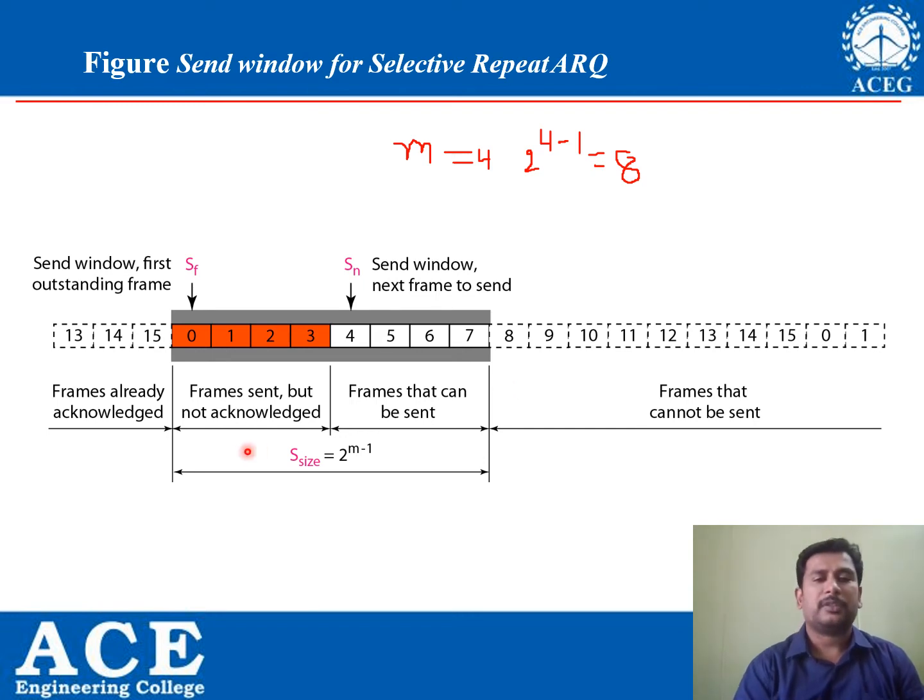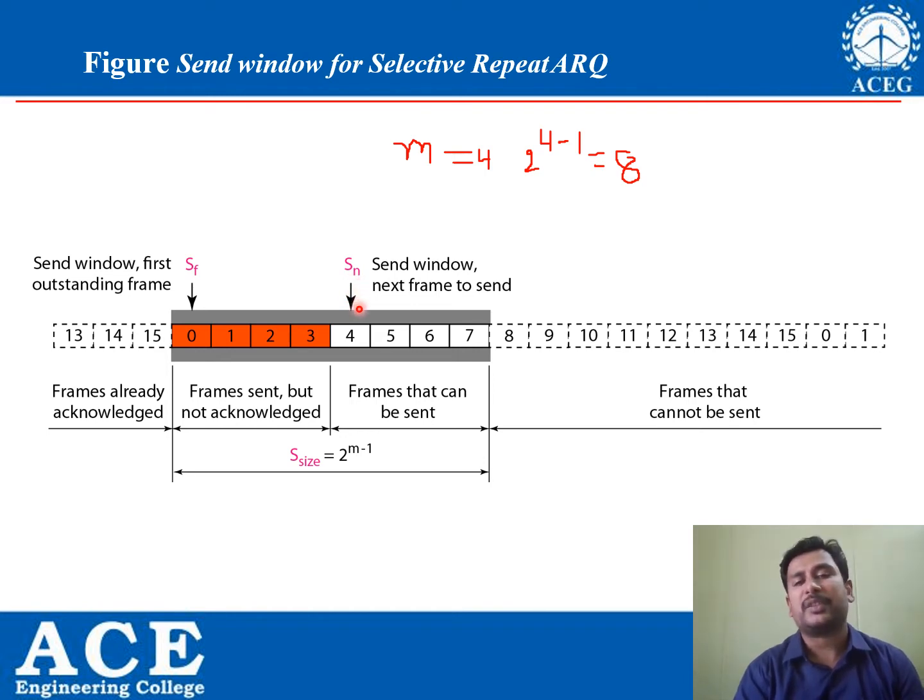The second category, frames sent but not acknowledged, means the sender has already sent that particular frame but has yet to receive the positive acknowledgement. The first frame which has been sent but whose acknowledgement is awaited will be represented with a variable SF, and the frame that can be sent next will be indicated with a variable SN.